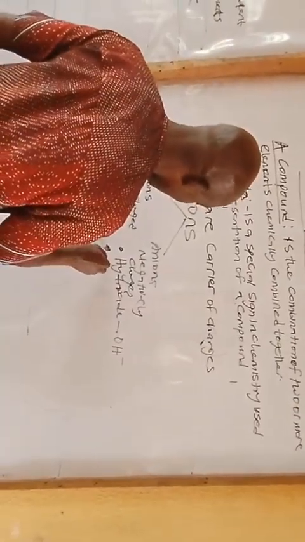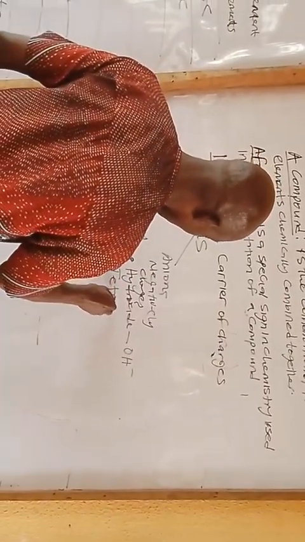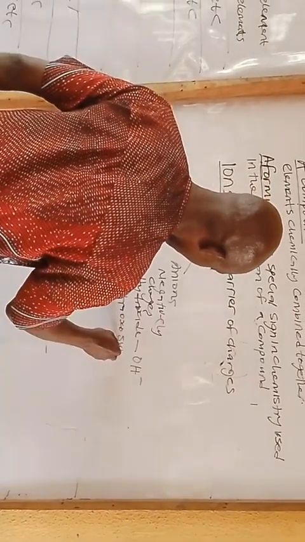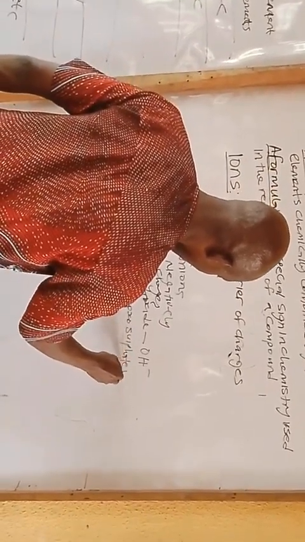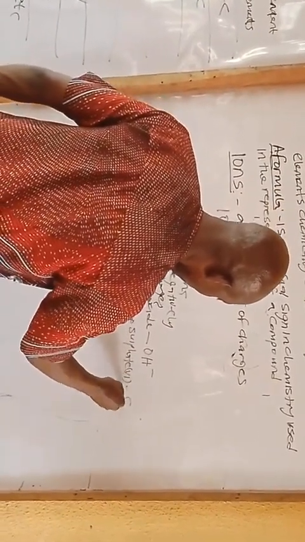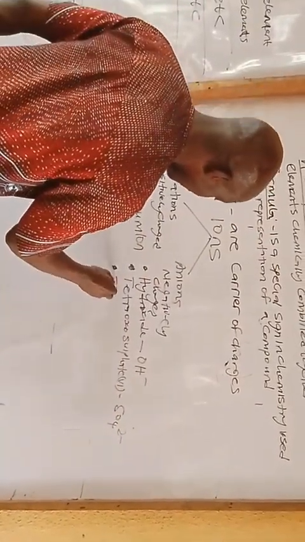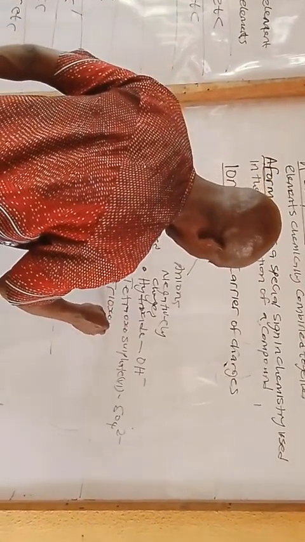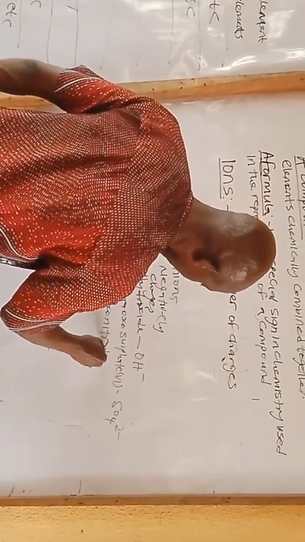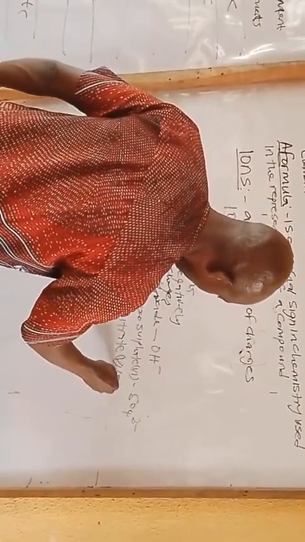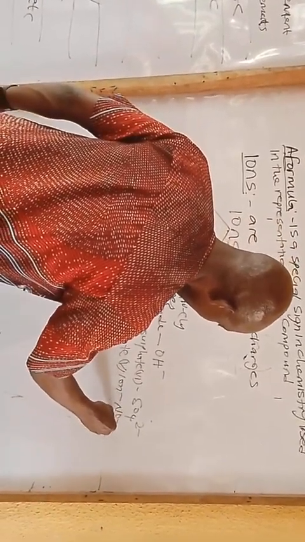You have the tetraoxosulfate 6 ion, sulfate 6, which is what? SO4 2 minus. You have the trioxonitrate 5 ion, which is NO3 minus.